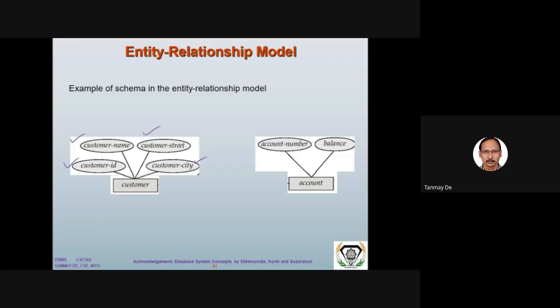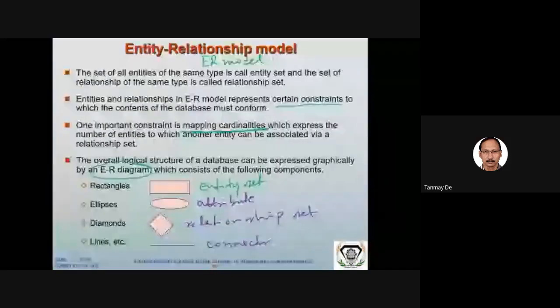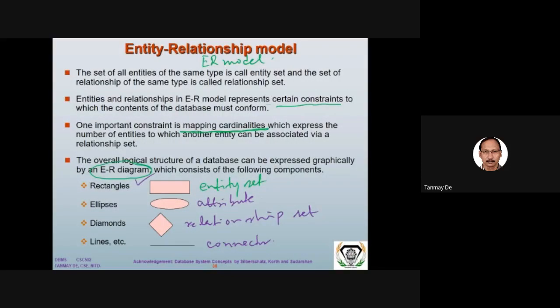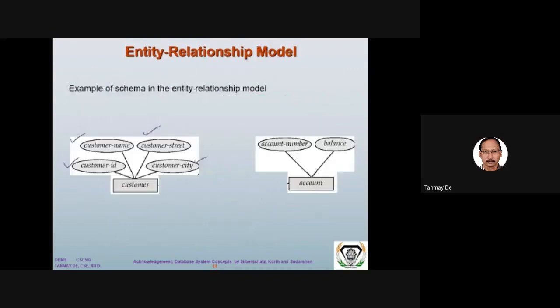So this is also an entity set, and for that it is a rectangle. As I told you, the rectangular box is used to represent the entity set. Now these two entity sets, one consists of data about the customer and the other reflects the data about the accounts. How is this data related? By a relationship called here depositor. This depositor is the relationship set.